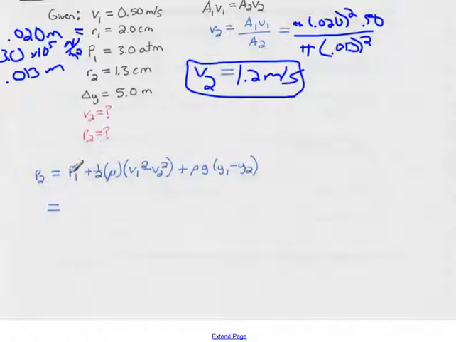I've reduced it here to solve for my second pressure. Remember, you start out with, maybe I should even just write it down. You start out with a big long thing. You get P1 plus this density term, half rho v1 squared, and then another density term, rho g y1 at that level, and then it's supposed to be equal to the pressure at the second height, P2, plus half rho v2 squared plus rho g y2.